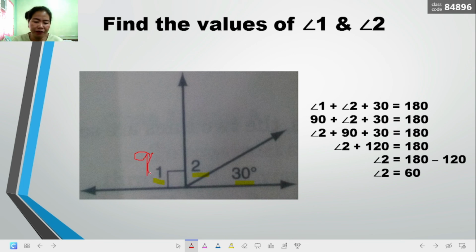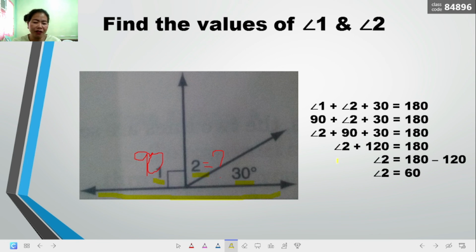For angle 2, since this is a straight line, the three angles presented here are supplementary angles, and therefore the total of the three angles is equal to 180. Naa nay measure angle 1, which is 90 degrees, and the remaining angle is angle 2 because there is also a 30 degrees.